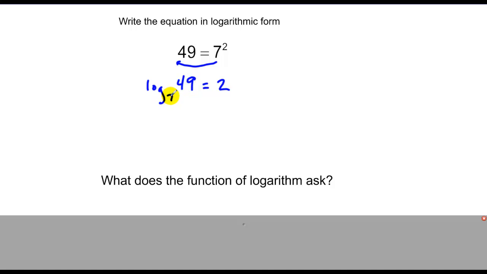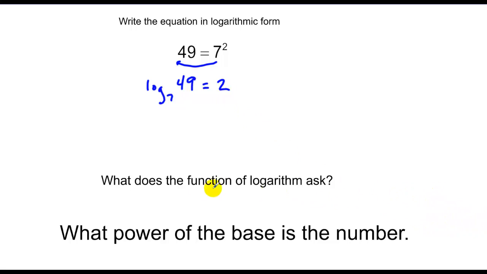So if I look at this, this says what power of 7 does 49 equal? That's 2. And in general, logarithm states what power of the base is the number. So here, once again, 7 is my base. And here is the number I'm talking about. So what power of this base 7 gives me this number right here? And that's the second power.